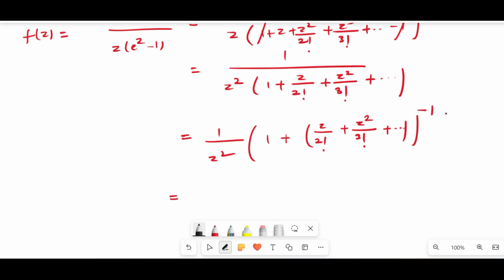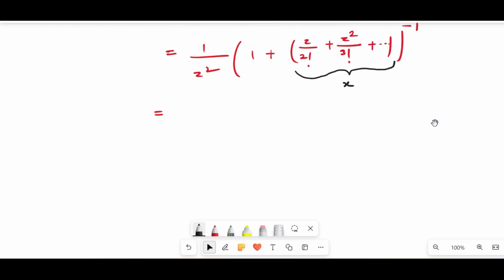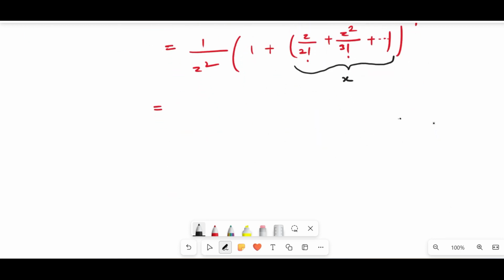Let us suppose this is x, and as we know, (1 plus x) whole inverse is equal to 1 minus x plus x square minus x to the power 3 plus dot dot dot.